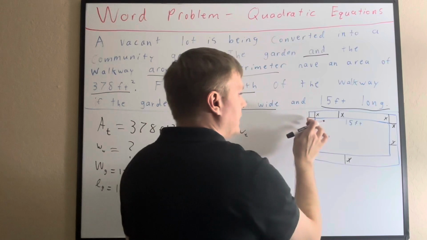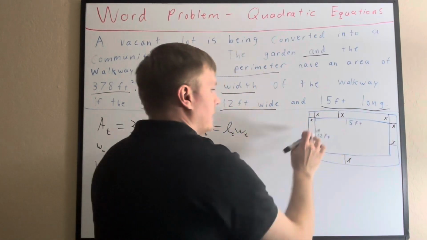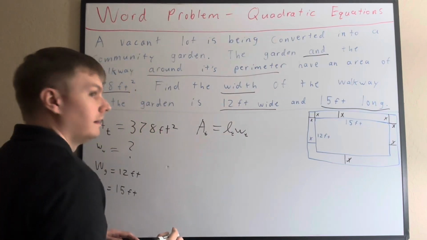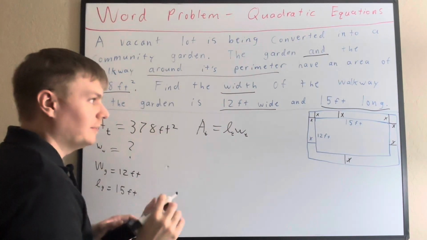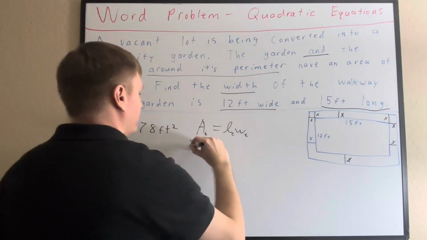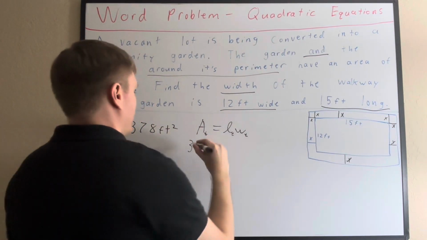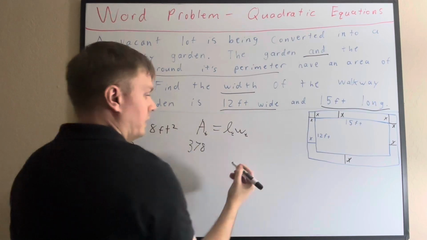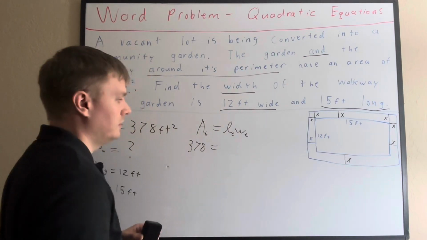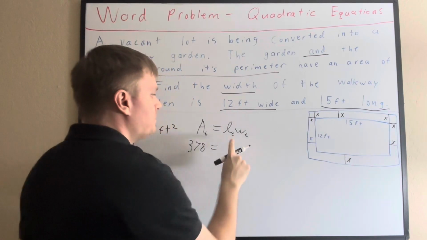So the total length is 15 feet plus x plus x. Does that make sense? We have the total area, it's 378 feet squared. But we're just going to ignore the units for now.